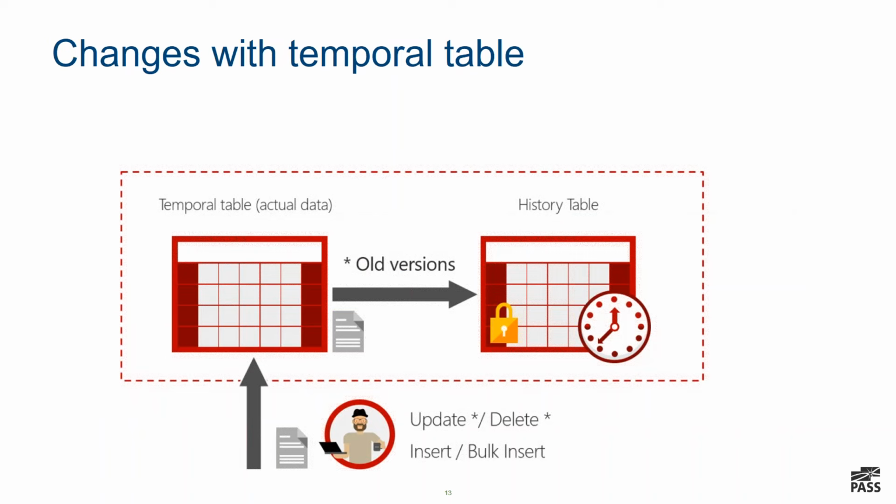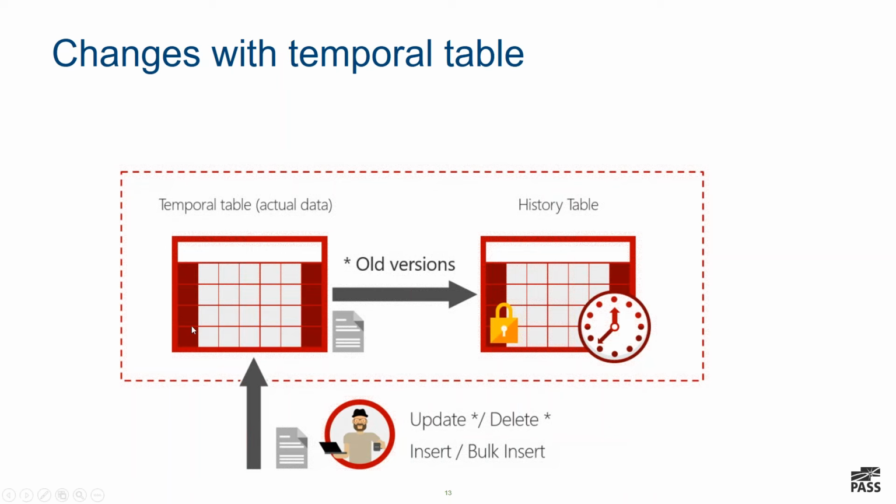Right, so how do temporal tables work in terms of changes? When you are applying any changes, these changes will directly go to temporal tables. So as a user, I pass my script, update, delete, insert, from applications or whatever to my SQL database, and I have two tables, one temporal table, another history table.